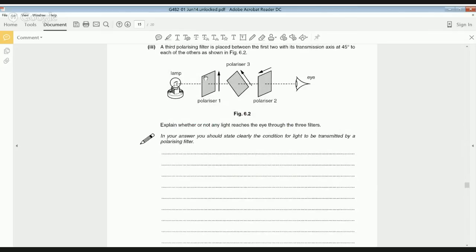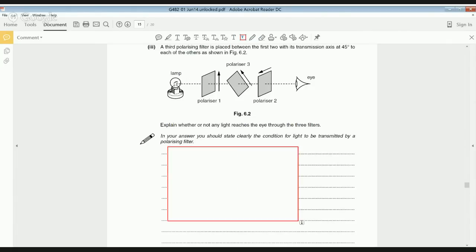You have the same 2 Polaroids, and this time you put a third Polaroid in the middle, this one at an angle of 45 degrees to the other 2. Explain whether or not any light reaches the eye through the 3 filters. Common sense would tell us that if light can't get through 2 and 1, then there's no way it should be able to get through 2, 3, and 1.